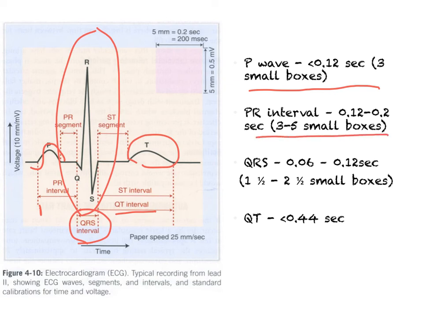A QRS shouldn't be more than 0.12 seconds, which is equivalent to anywhere from 1.5 to 2.5 small boxes. And lastly, a QT interval should not be more than 0.44 seconds. Here we're talking about what we should expect to find in normal patients. So even by just looking at these time intervals, you're able to start to appreciate if someone has a normal or abnormal conduction system.